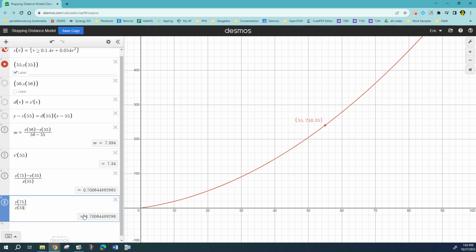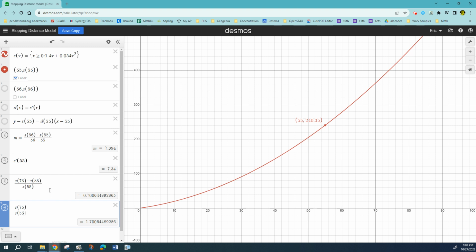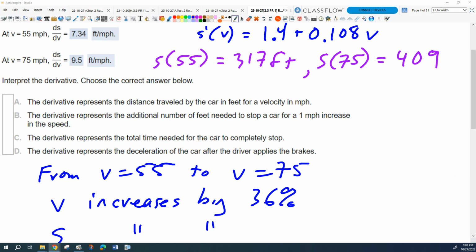Yeah, okay, I didn't think that was right. If we calculated the speeds correctly, that should be 1.7. That can't be right. 0.7. What's S of 55?